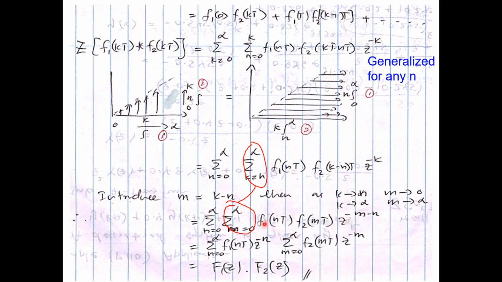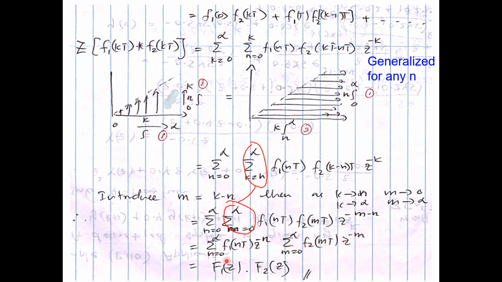And separate it out. Now all the n terms together, all the m terms together. You have the n summation from 0 to infinity very nicely separated out. This one is the summation of the n function with z to the minus n, and this one is the summation of the m function with z to the minus m.